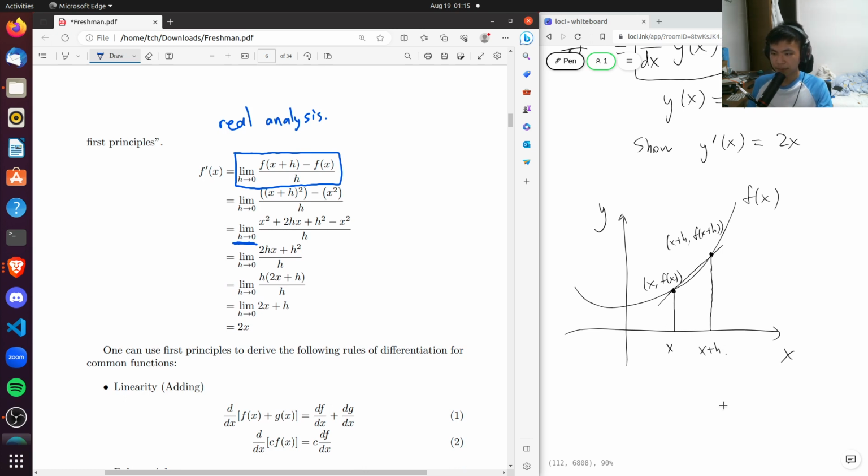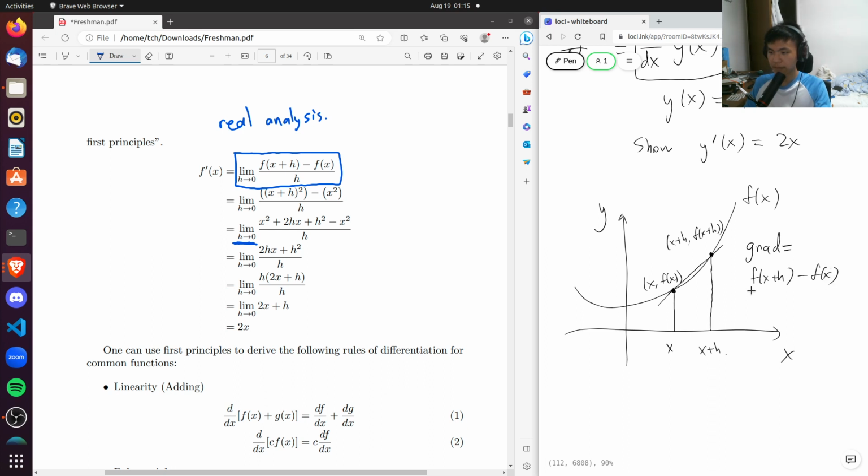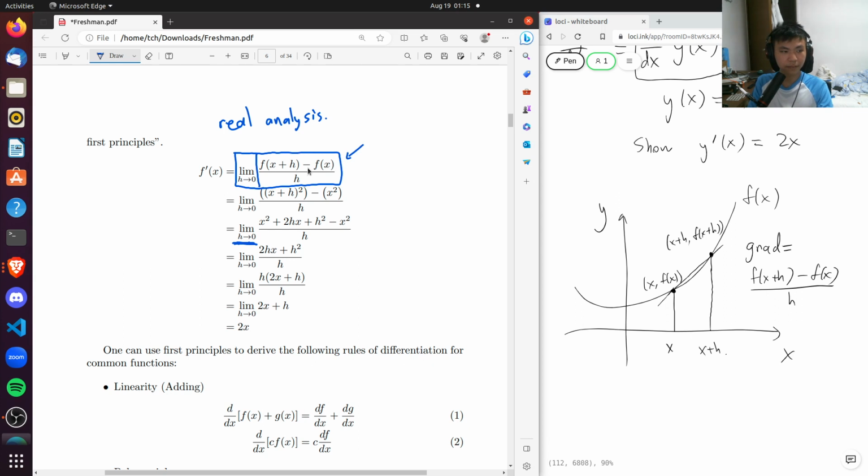To calculate the gradient of this, we can see that the gradient is just f of x plus h minus f of x over x plus h minus x, but that's just h. And so that's what we see on the expression over here.